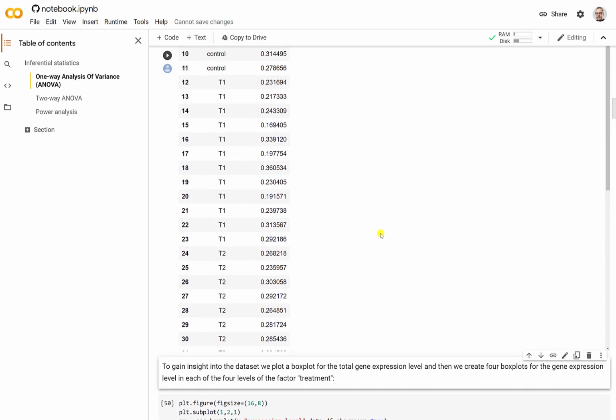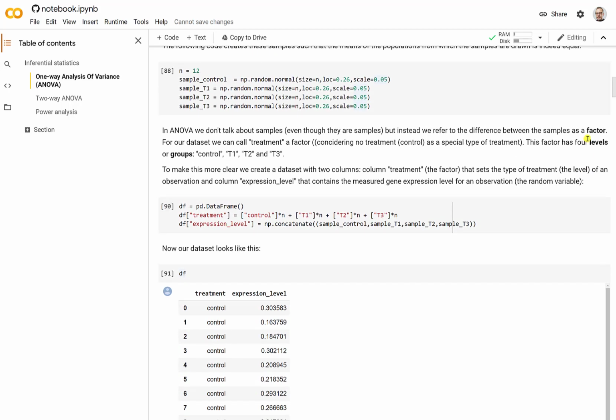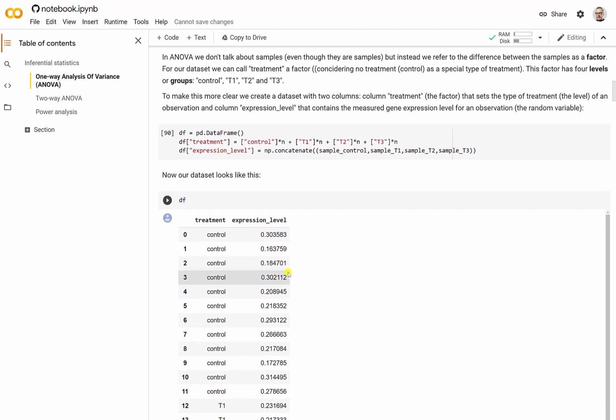Typically in ANOVA, this is the way we represent the data, where we have a factor in a column. So we have an observation, the actual gene expression level, and then we also know to which group or level, as we defined here, this particular observation belongs.